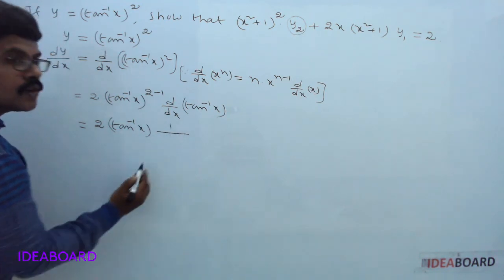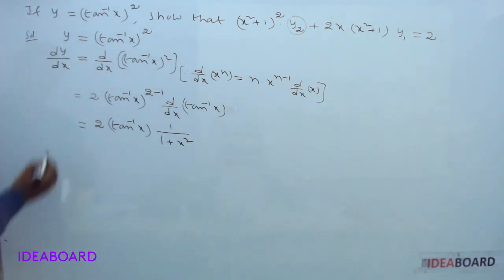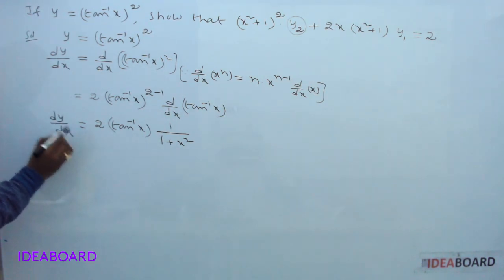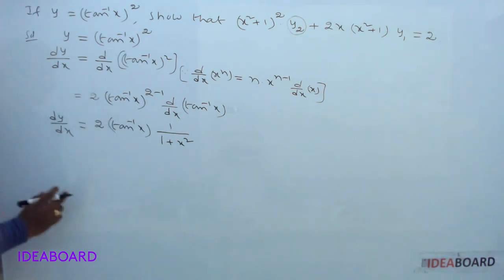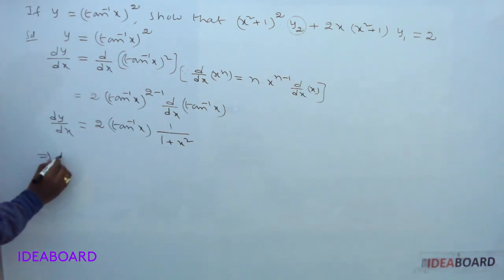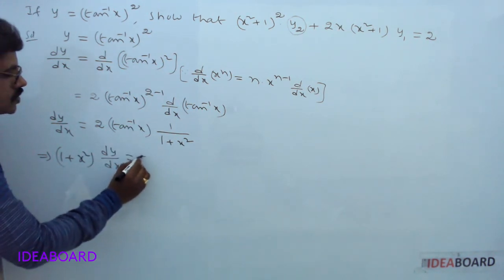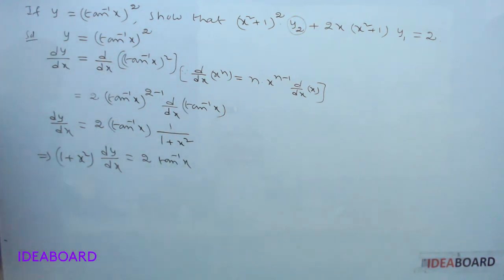Derivative of tan inverse x is 1 divided by 1 plus x square. Now what is the corresponding LHS value? dy by dx. Now multiplying this equation on both sides with 1 plus x square, this implies (1 plus x square) into dy by dx equals 2 into tan inverse x.